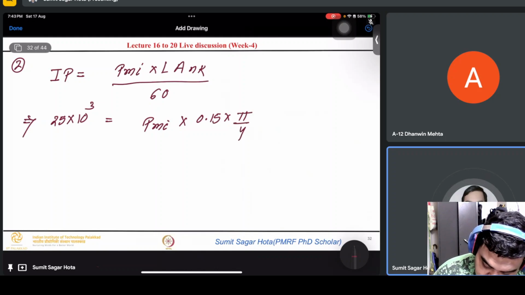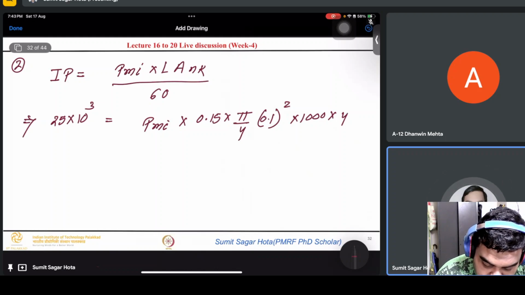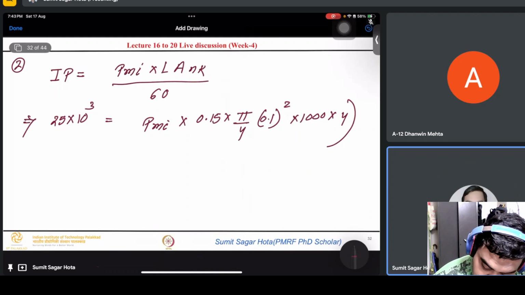Pi by 4 into 0.1 squared, into N which is 1000, into the number of cylinders 4. For a 4-stroke engine K equals 4, divided by 60.